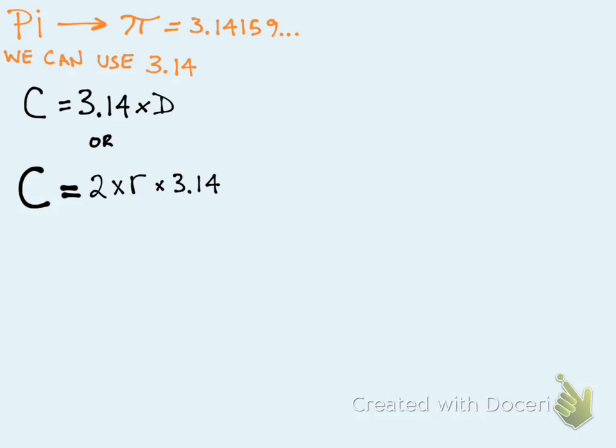It's 3.14159 and goes on forever, but we can approximate it to be 3.14. So the two formulas that we can use for circumference are the diameter times 3.14, or 2 times the radius times 3.14. Remember that 2 times the radius is the diameter.